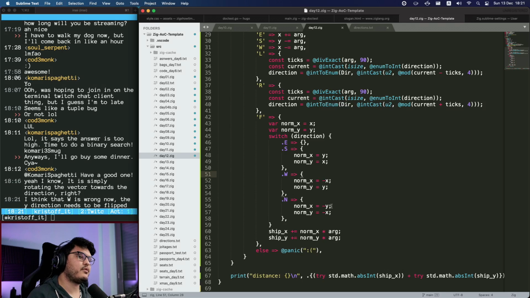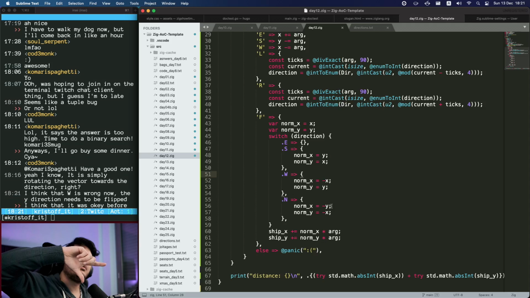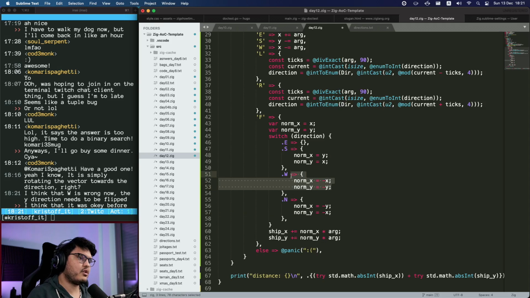I think the W is wrong. The Y direction needs to be flipped. Okay. You're right, the Y direction needs to be flipped. Oh yeah, they are not crossing, but they are flipping.